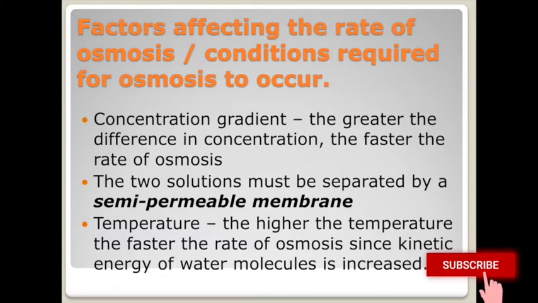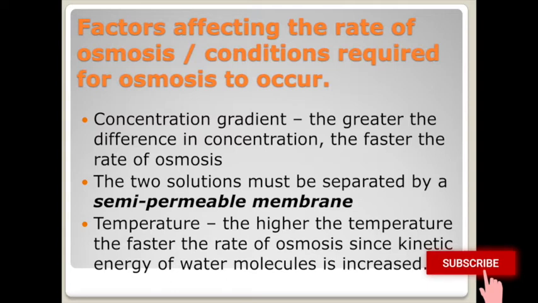The first and foremost factor is concentration gradient. The greater the difference in concentration, the faster the rate of osmosis.